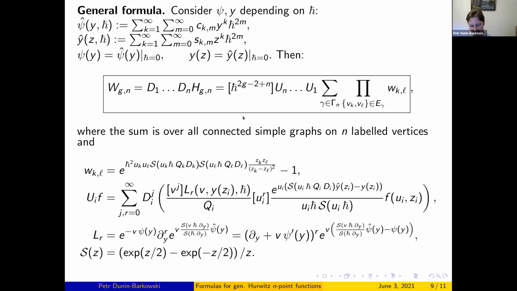Topological recursion for maps implies that we can write a formula like this, which relates endpoint functions of fully simple maps to the endpoint functions of maps on the right hand side. Basically, on the edges, instead of these, you will have WGNs of maps.